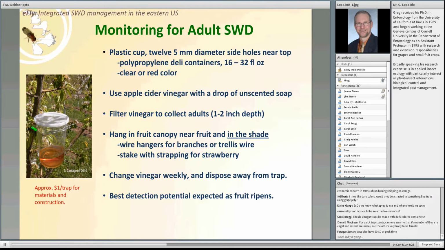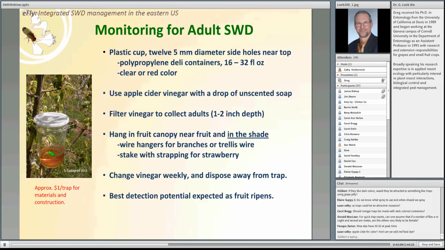You'll of course get other things in there besides spotted wing Drosophila. You'll get other species of Drosophila and other insects that can fit into that hole and might be attracted to the aromas. These things will come in, maybe fly around a bit, get into the vinegar and die. We have a couple inches of vinegar at the bottom of the trap.